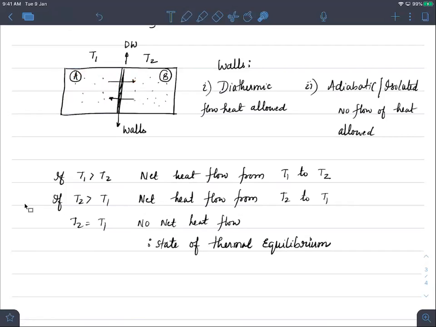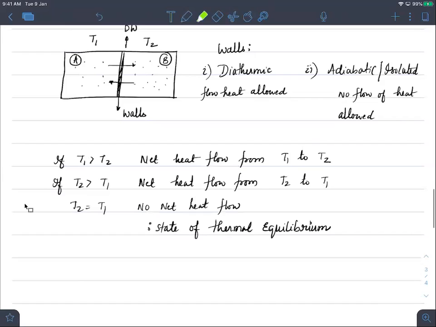Within B, it is at thermal equilibrium. Now, if A and B have to be at thermal equilibrium, then the net heat flow should be 0. I hope you guys understood that. Then we use this word thermal equilibrium. And most of the gas laws which we will study, we always see at thermal equilibrium only.